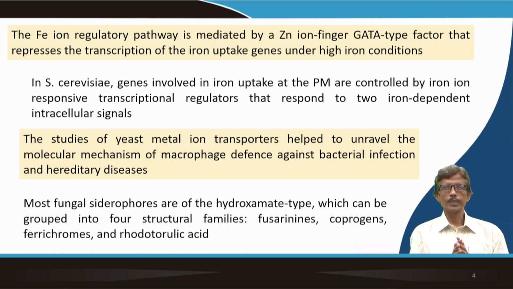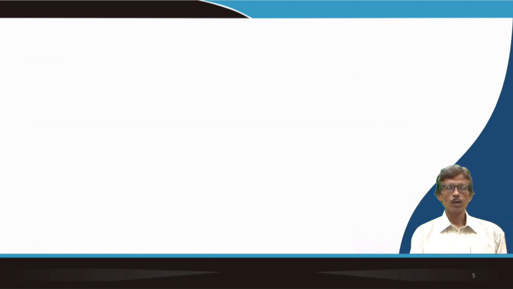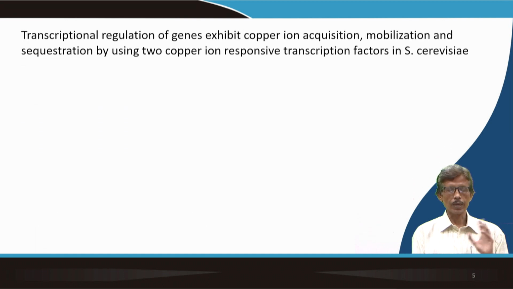These are a little bit complicated names, do not worry about the names; the biologists discovered these things, labeled them and put their names on them. But once you understand what rhodotorulic acid is: it has the acid function, some hydroxy functions and some nitrogen donor groups. In these big acid molecules you have the donor atoms, the ligand donor groups, which can donate to the metal ion and coordinate. We have already seen this a little bit, but in future we will see more of how these groups coordinate to your metal ion centers.